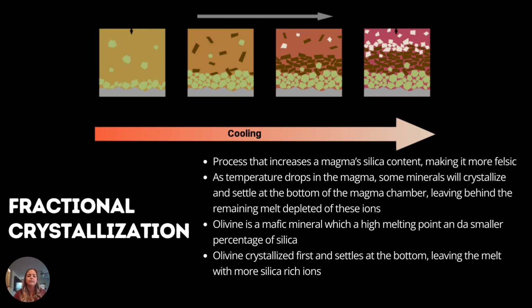So it's high in magnesium and iron, and it is a lower percentage of silica. So that means that olivine is going to crystallize first at the bottom, and it's going to leave the melt. So all that magnesium and iron is no longer going to be in the magma anymore because it's crystallized out as an olivine. And so then from there, we start to see more and more silica content.